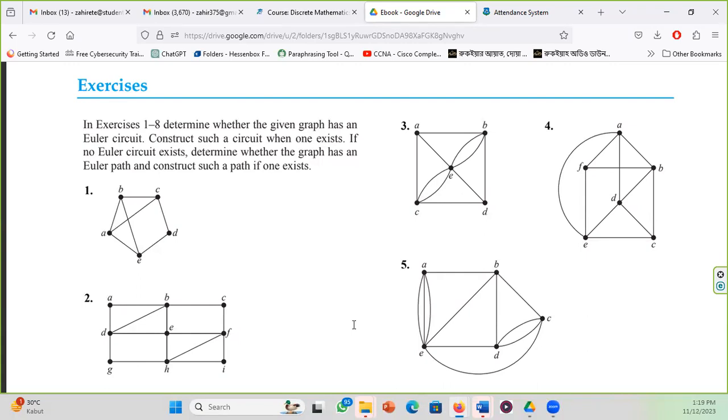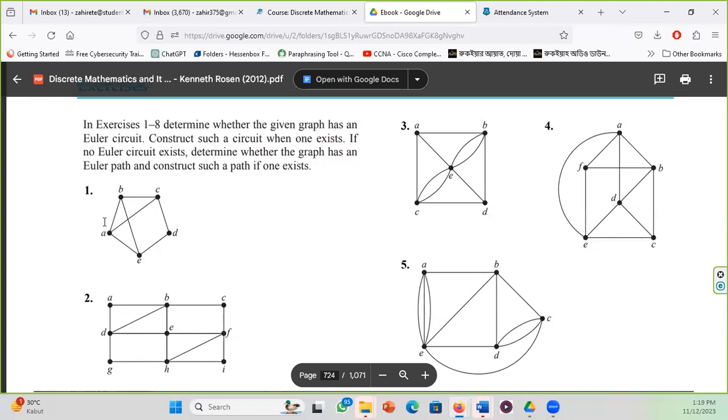Sir, 1, 3, 4, 5 are Euler circuits. So if we start from here, as Euler, we need to cover all the paths, not the nodes. How? Sir, Hamilton. No Hamilton, I said about the Euler.